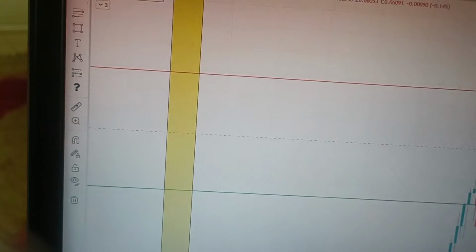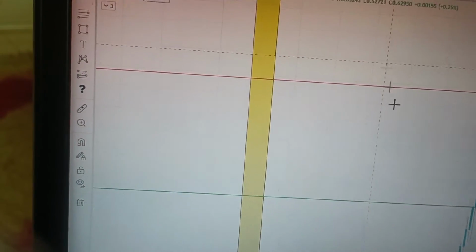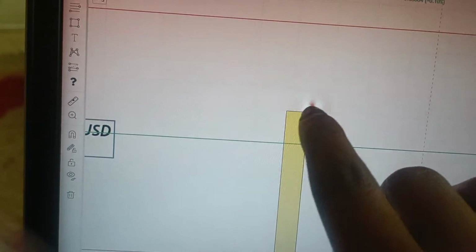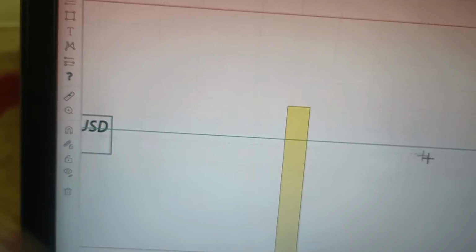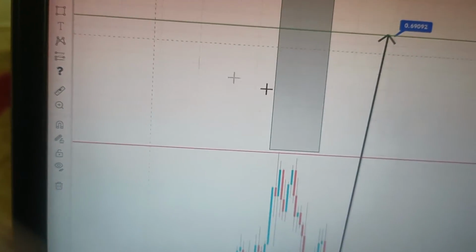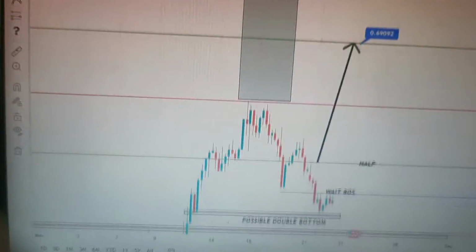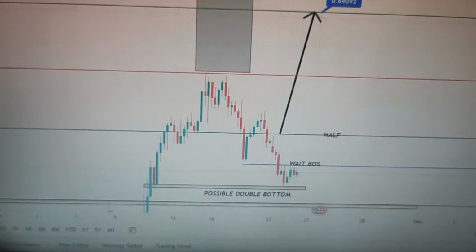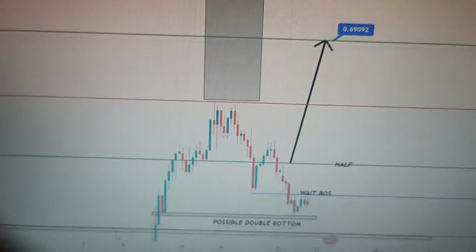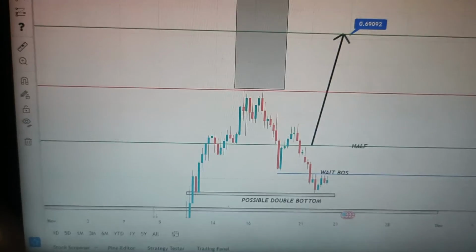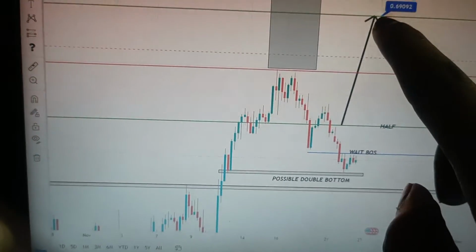You see, that's our head and shoulder. That's our head and shoulder. It's reaching around here. So you can buy all the way up to the green line. So if you want to trade, this is where the difference comes in. If you're only looking at 4 hour, there is no way you can buy all the way up to here.